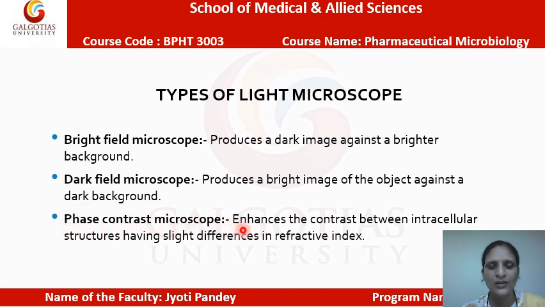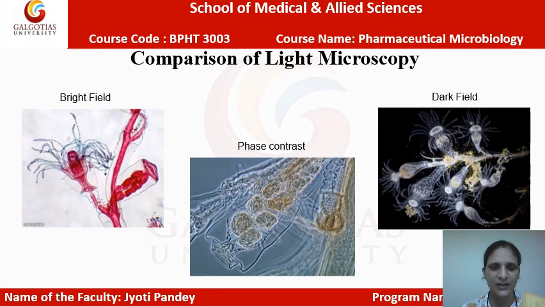So phase contrast microscope is used to enhance the contrast between intracellular structures having slight difference in refractive index. So intracellular structures को और अच्छे से विजुलाइज करने के लिए फेस कॉन्ट्रास्ट माइक्रोस्कोप को जनरली यूज किया जाता है. It enhances the contrast power.